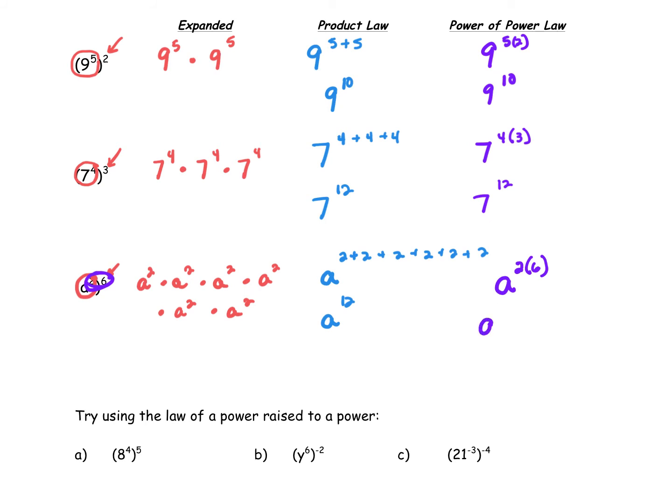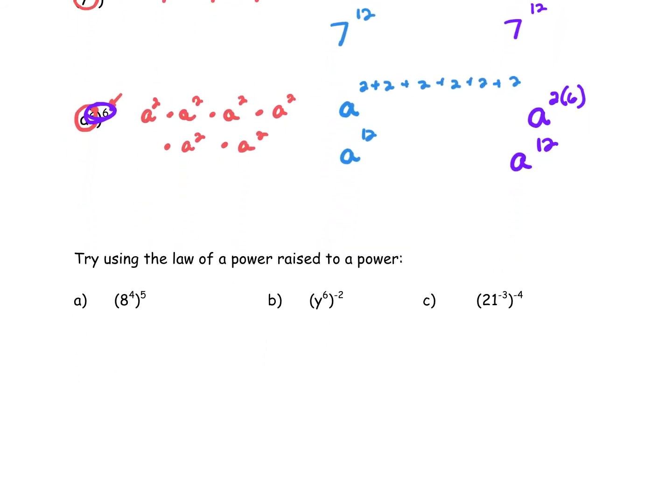So our answer should be a to the 12th power, just like we found the long way. So I'd like you to try now using this power law, and would you please complete A, B, and C on your own. B and C are a little bit tricky because we threw in some negative numbers, so you want to use your marker faces and then check back for the answers.